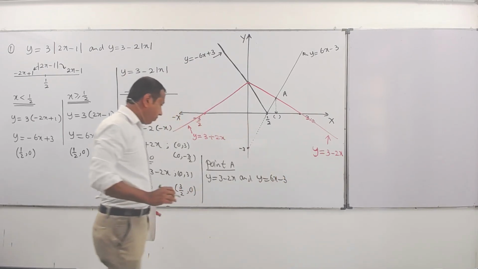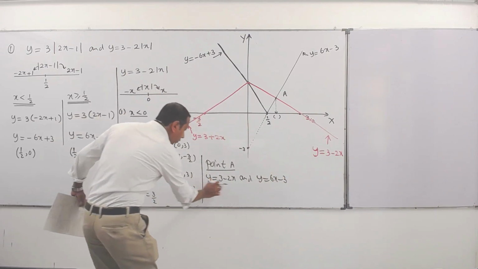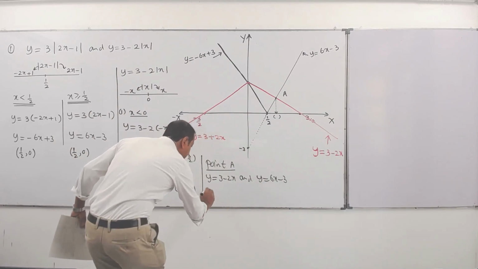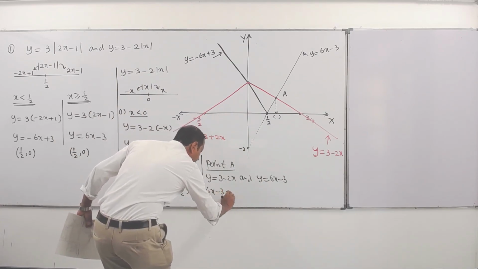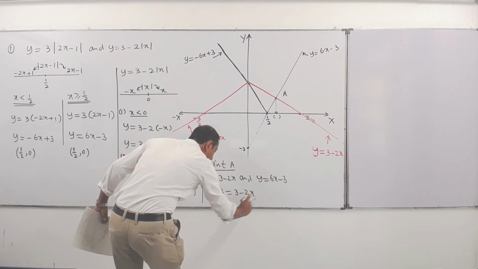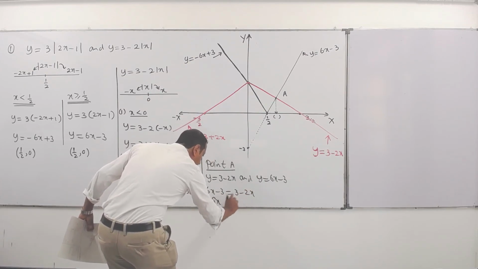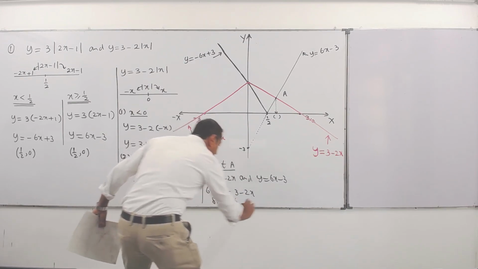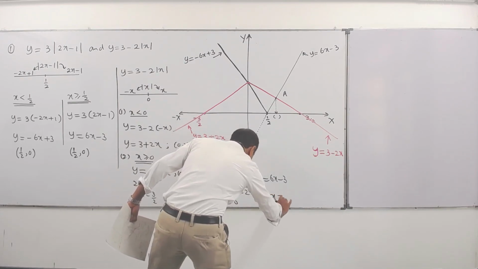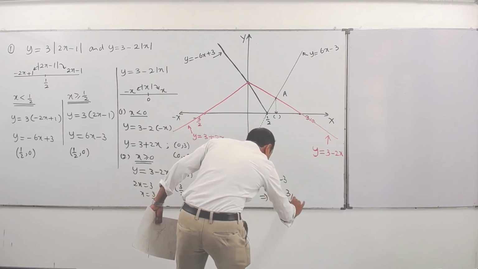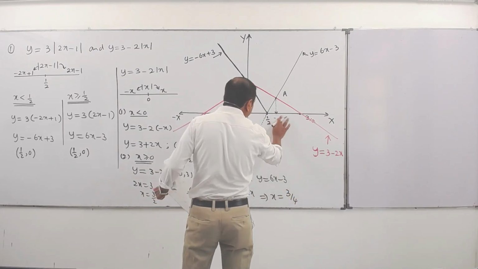So equate the right hand sides: 6x minus 3 equals 3 minus 2x. Take this side, we get 8x. Take this side, we get 6. This gives us x equals 3 by 4. This point is 3 by 4.